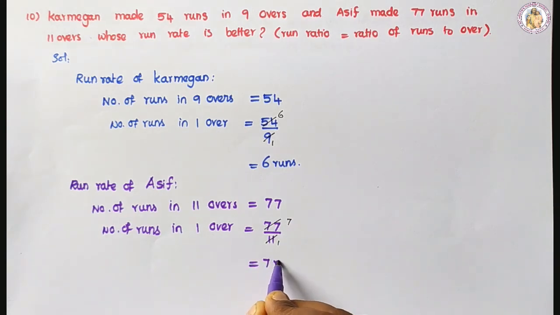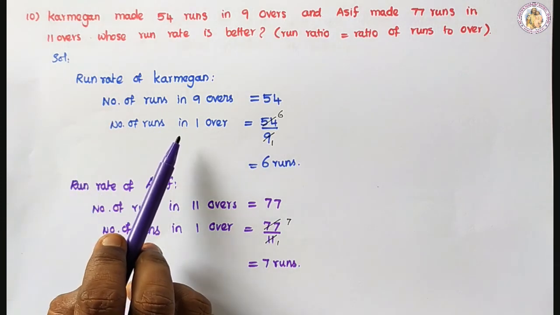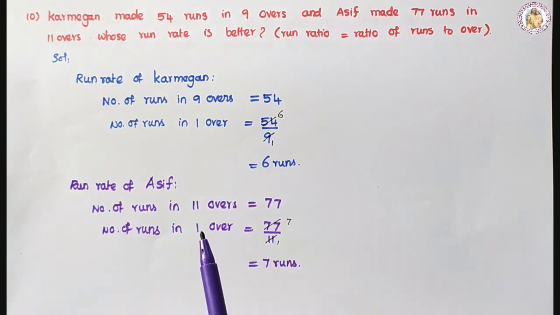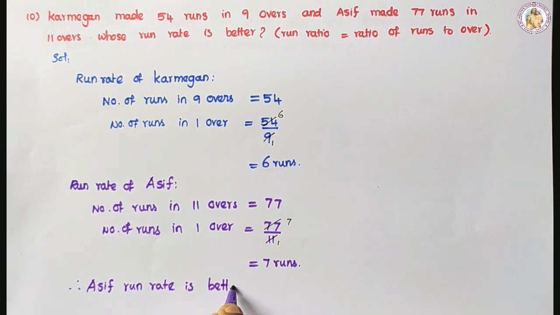So 7 runs. Listen here. Carmagan, 1 over equal to 6 runs. So run rate of Asif means 1 over equal to 7 runs. So which run rate is better? Asif's run rate is better. So that is the answer.